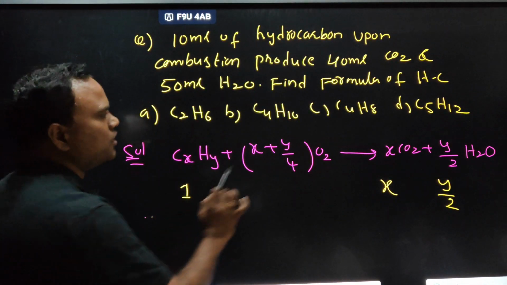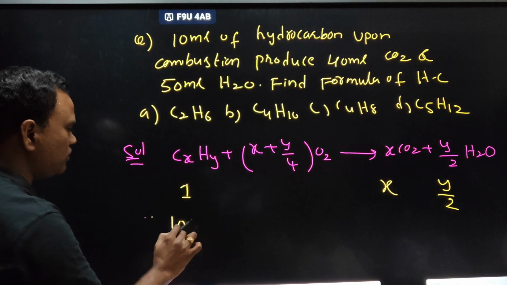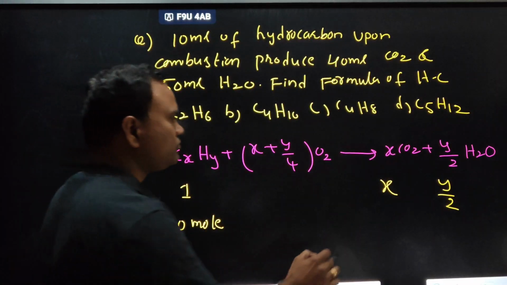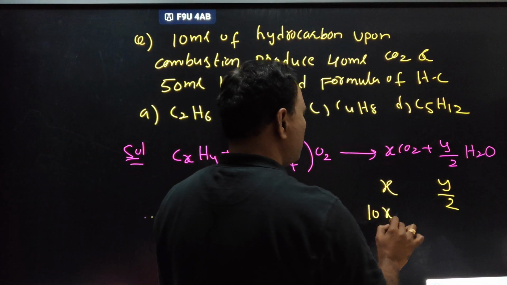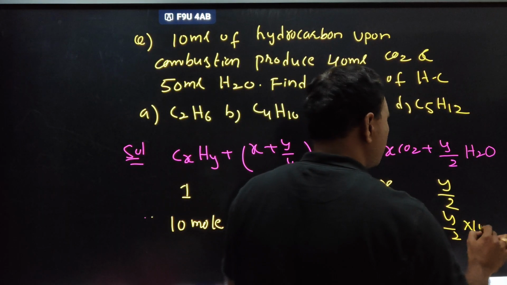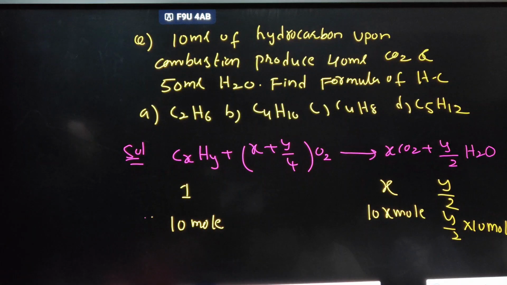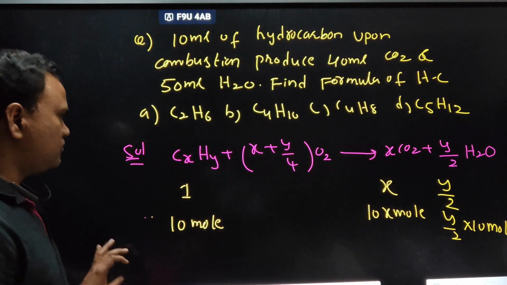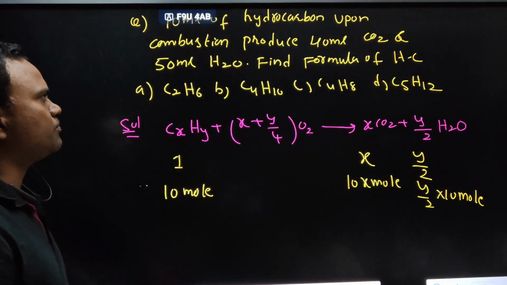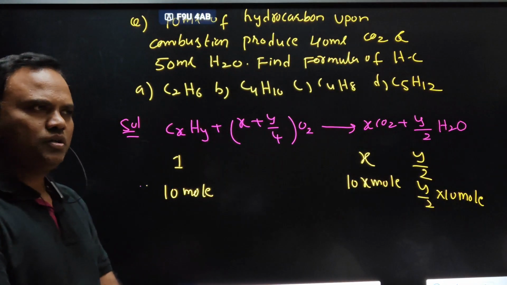For 1 mole, X mole, Y by 2 mole; for 10 mole, 10X mole, Y by 2 into 10 mole. In case of gaseous reactants and products, we can replace volume by mole, or mole by volume, based on our requirement. Okay.